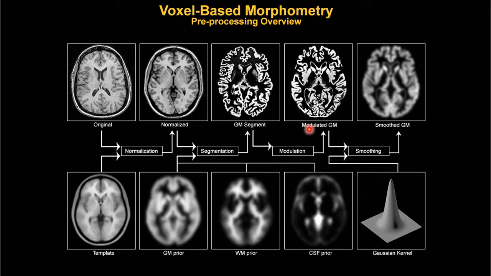Modulation is local enhancement or suppression of the signal as a function of the deformation. If you stretch something that is originally small in order to fit the template, it will be dark. If you squeeze it, it will be bright, whiter. And then you do smoothing and then statistics.